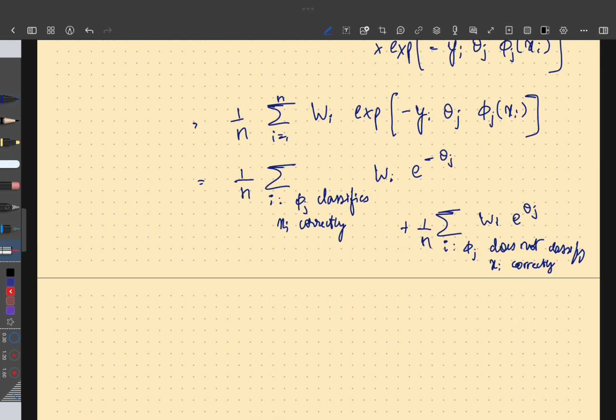Right? So theta j doesn't depend on I anymore, so I can effectively just remove this outside the summation.